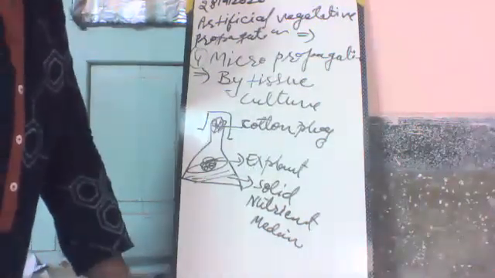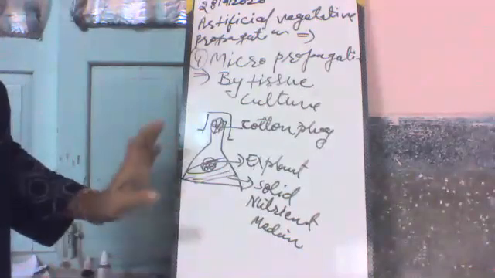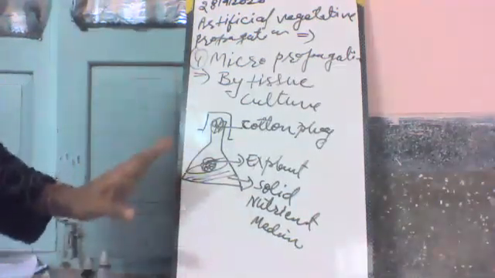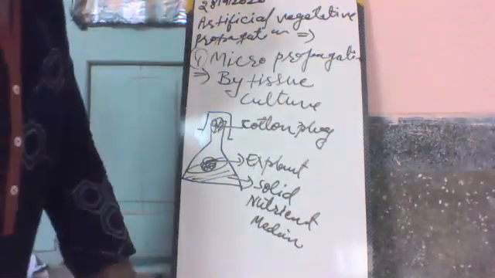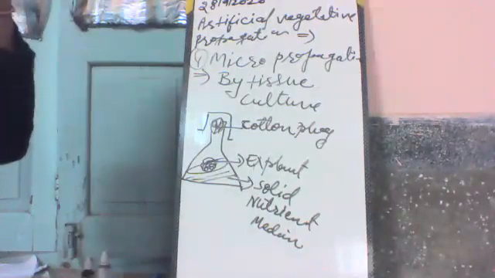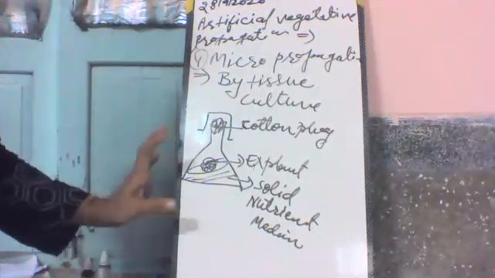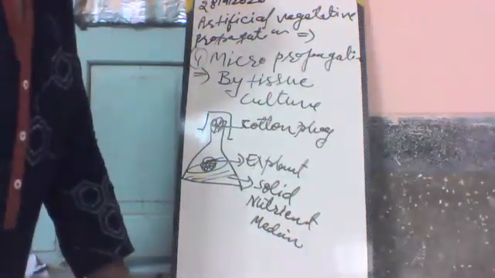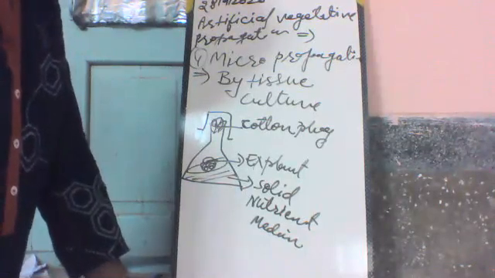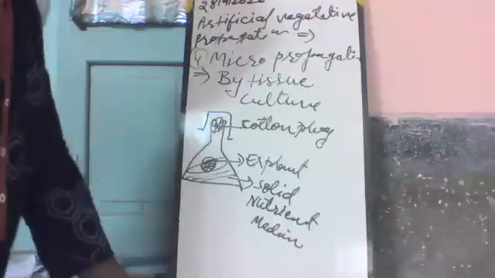Then after this, we have to add some regulators, which means to promote its growth. They may be hormones or chemicals, etc. The cell is differentiated into a plant part looking like a tiny plant.